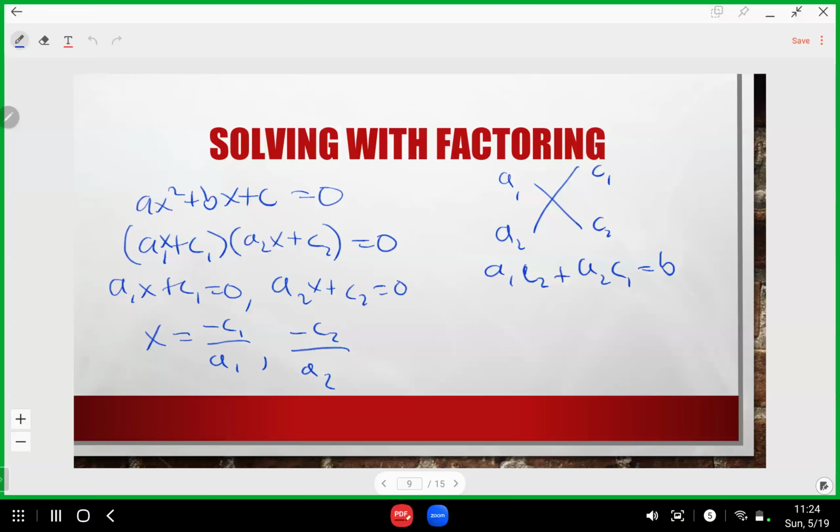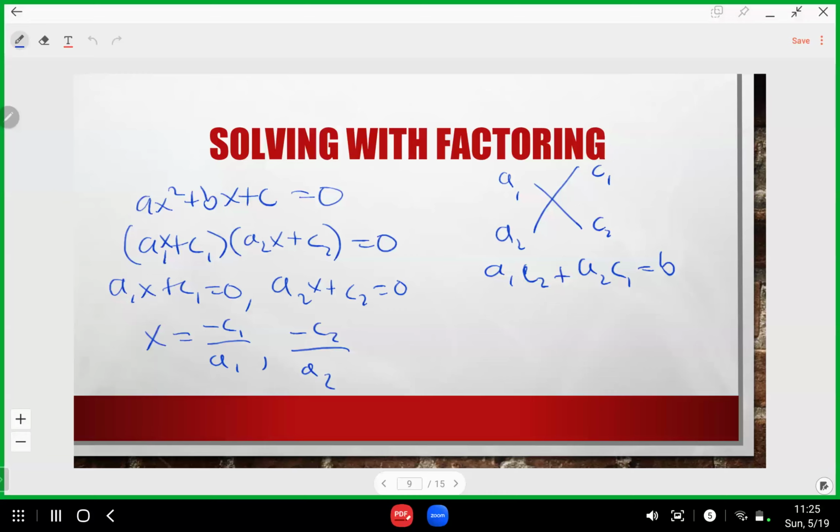But if you take my higher level course on Algebra 2, then you can factor all types of things. You can factor x to the fifth if it is factorable, right? And you need some additional theorems for that. Okay.